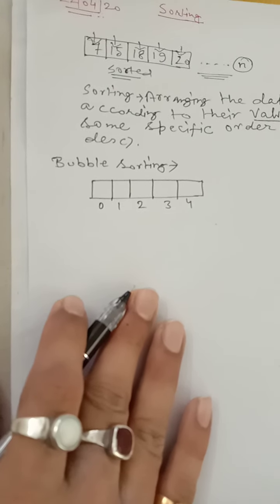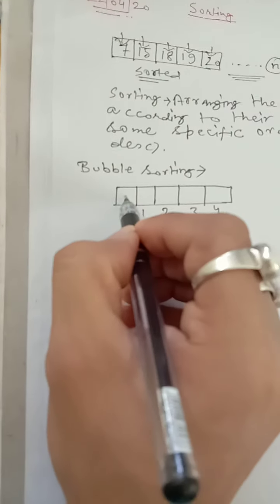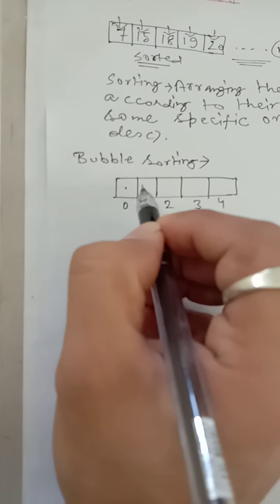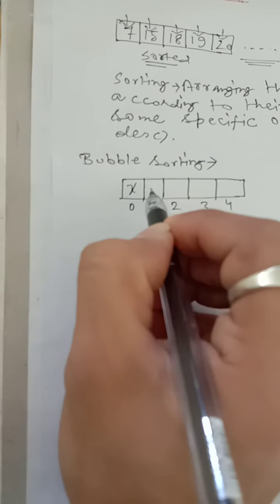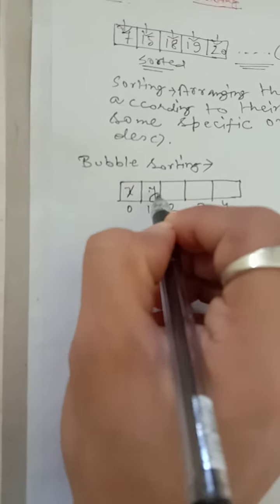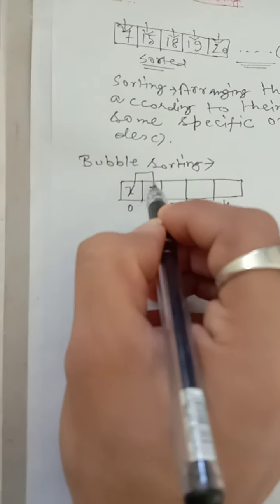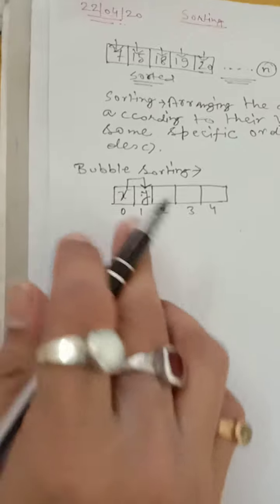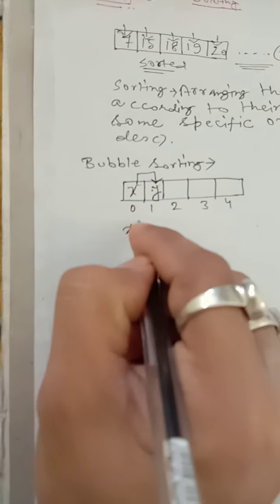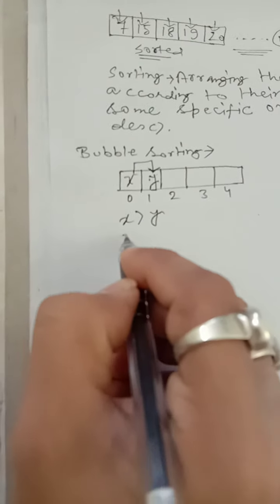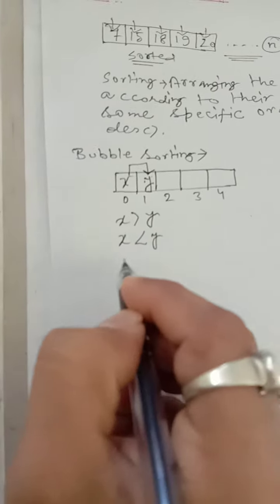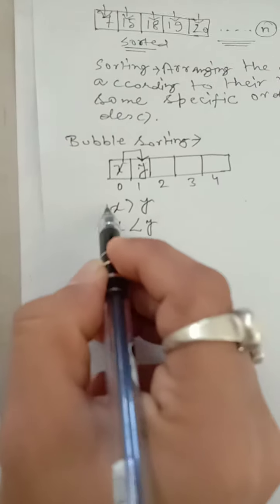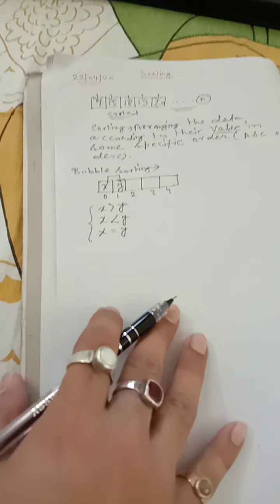So initially whatever may be the element over here, let us suppose x, and whatever the element over here, let us suppose y. Initially in bubble sort, x will be compared with y. That means whether x is greater than y, or x is smaller than y, or x is equal to y. These are the comparisons we generally do.